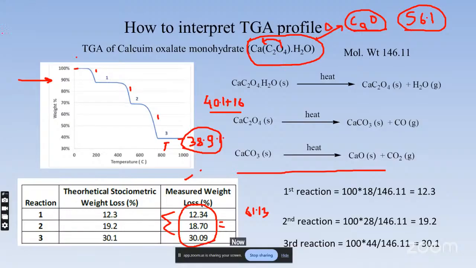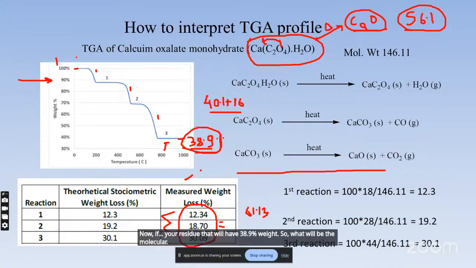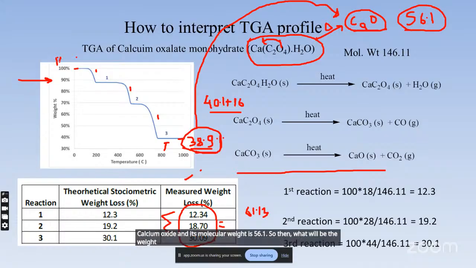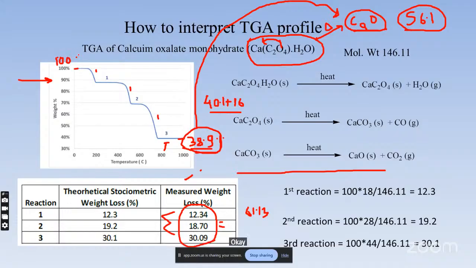Now your residue has 38.9% weight. We are assuming that this residue is calcium oxide and its molecular weight is 56.1. So what will be the weight of my compound when it's 100%? The weight was intact before heating. What will be the molecular weight of my compound?